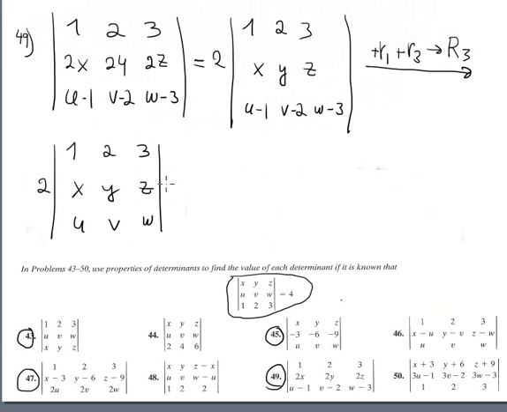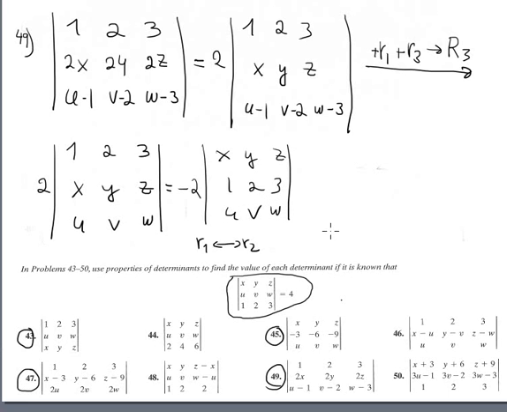Okay, we factor out. Now, what should I do? For example, interchange again row 1 and row 2. Let's see what happened. This is minus 2. This is X, Y, Z, 1, 2, 3, UVW.